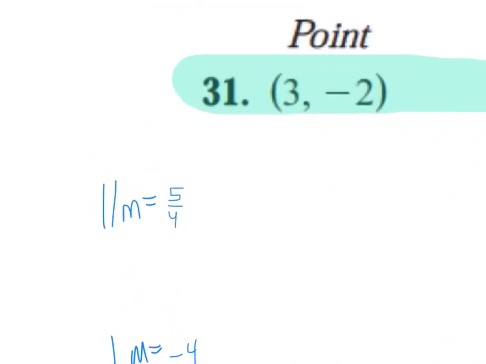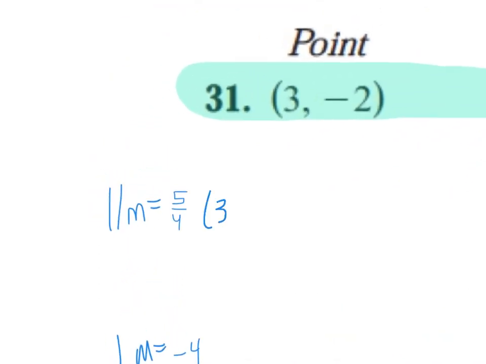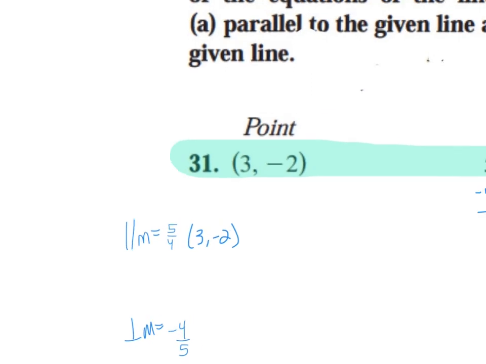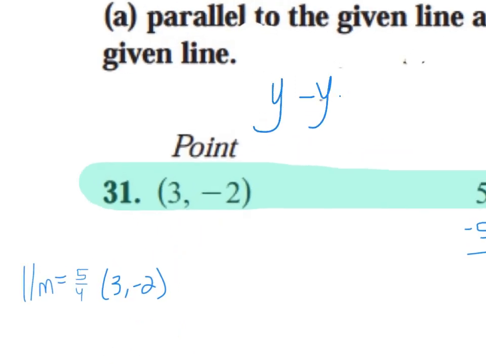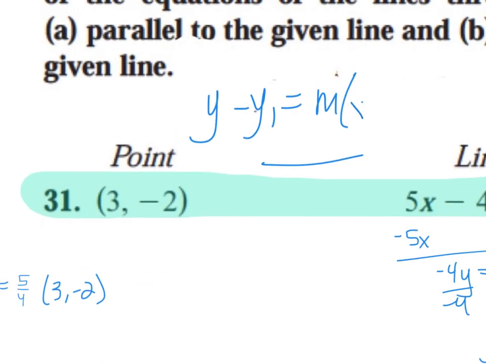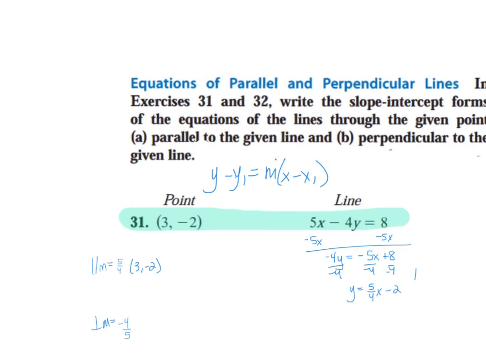So they gave me a point and a slope. That means I have to use point-slope form. If you guys don't remember point-slope form, it's y minus y1 equals the slope times x minus x1. The x1 and the y1 are the point that they give you. When you get the point, you have to be careful with the signs.